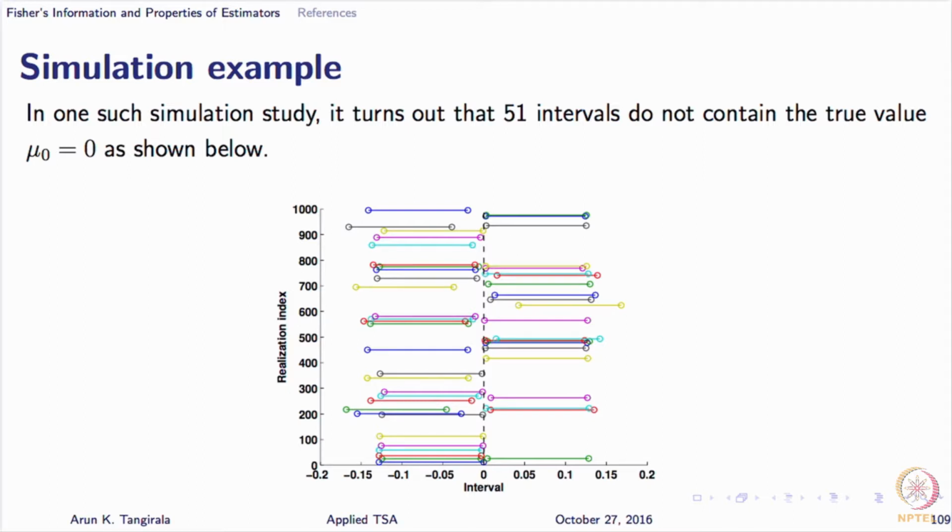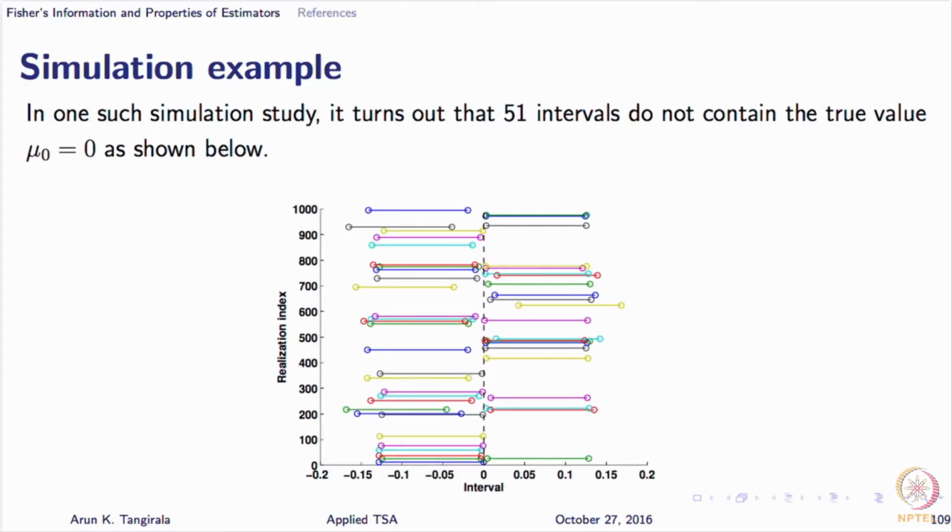That count turns out to be 51, obviously because I have only simulated 1000 realizations. This is now 0.051. But if you were to extend this simulation to many more realizations, it gets better and better and goes to 0.05. These are 95% confidence intervals.